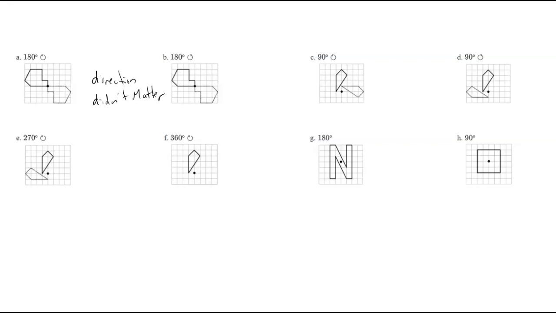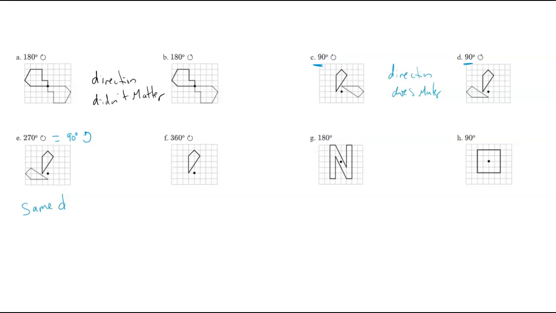But if you compare C and D, notice that 90 degrees one way and 90 degrees the other way, the direction did matter. So direction does matter when we talk about 90 degrees. Notice that 270 clockwise was the same as D, which means that 270 clockwise is the same thing as 90 degrees counterclockwise, in this direction.